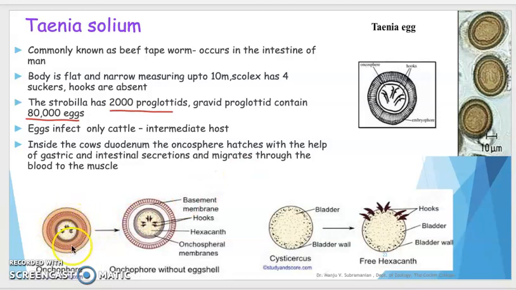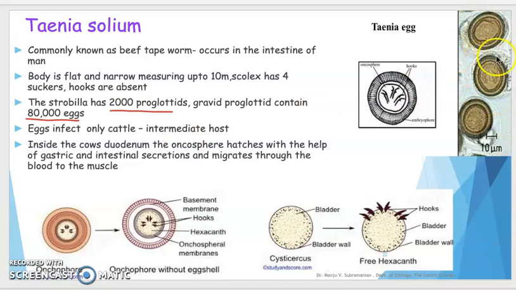The Taenia egg is called an oncosphere, since it contains many protective structures. The outer membrane of the egg gets dissolved, and they migrate through the blood into the muscle, where they get attached.